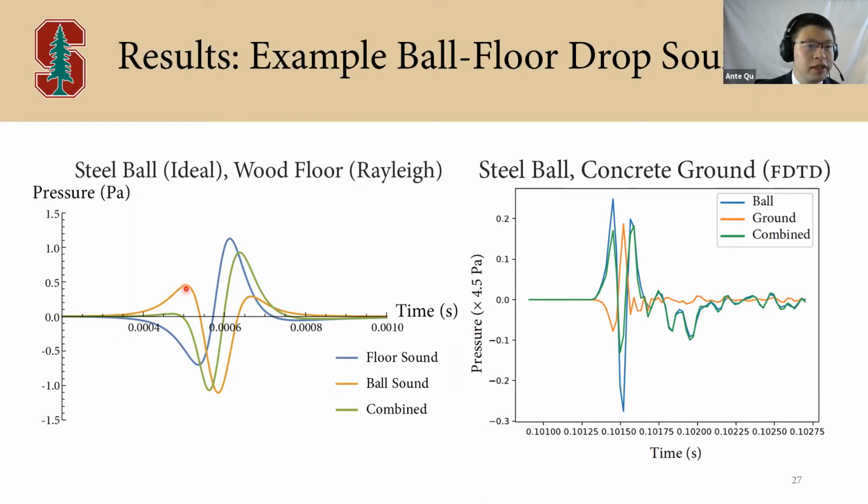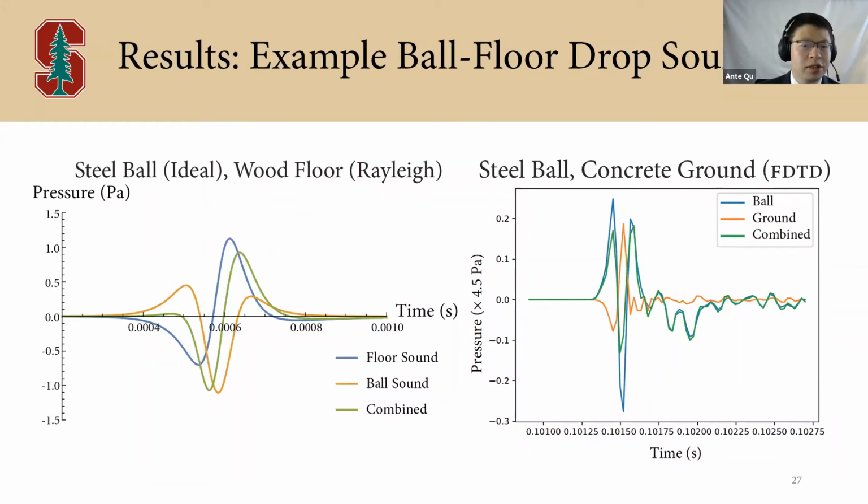The orange line is the ball sound. The green line is a combined sound, and the blue line is a floor sound. What I want you to see here is just that the combined sound actually has a different shape. This is pressure with respect to time than just a ball sound by itself, which means that adding the floor sound made a difference here. This all occurs in a fraction of a millisecond.